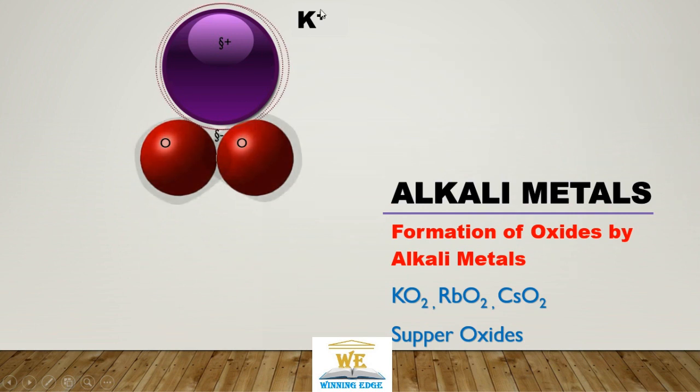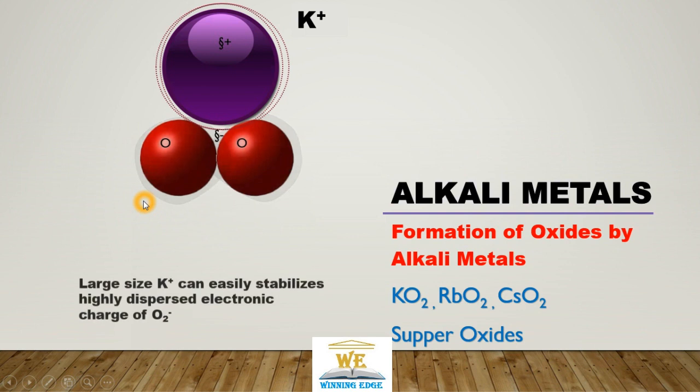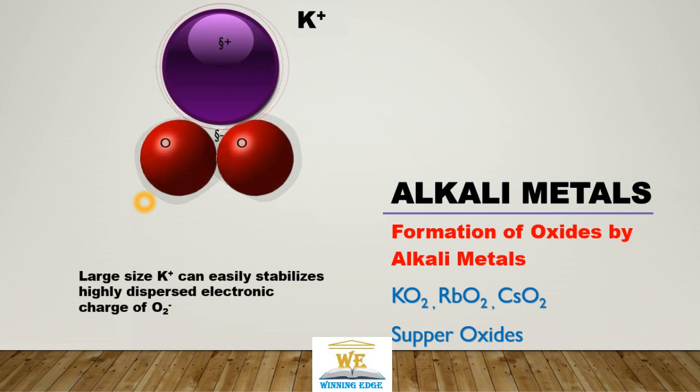On the other hand, the counterpart cation, potassium, rubidium or cesium, having a relatively large size, can stabilize these superoxides. So these dispersed electron clouds are stabilized by large-sized cations.